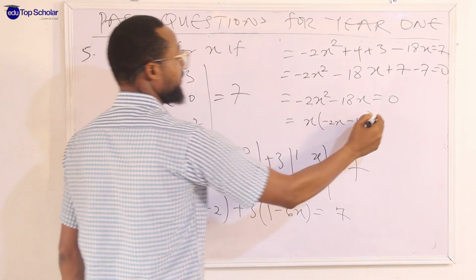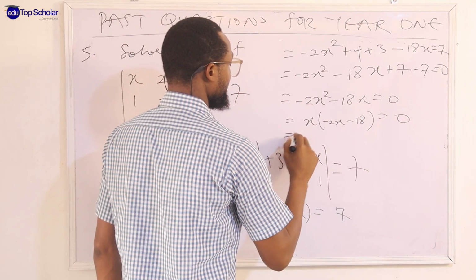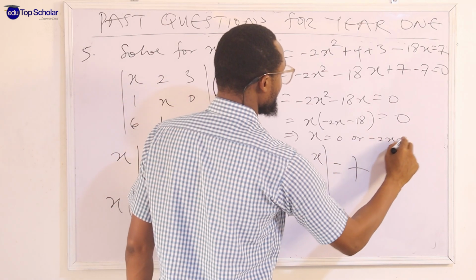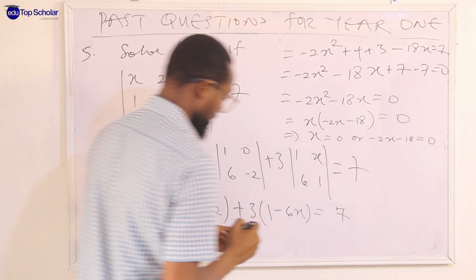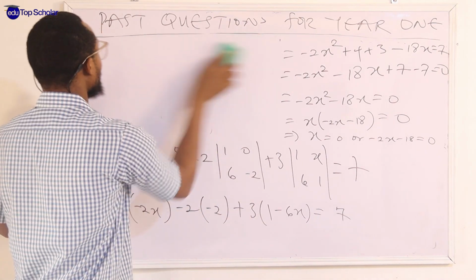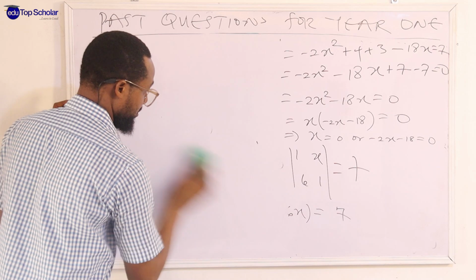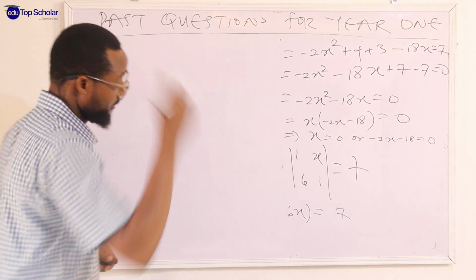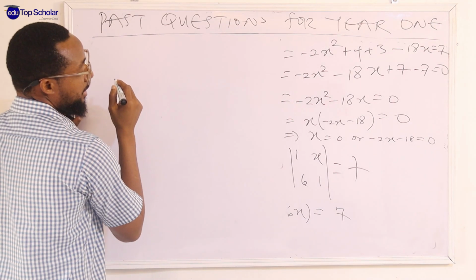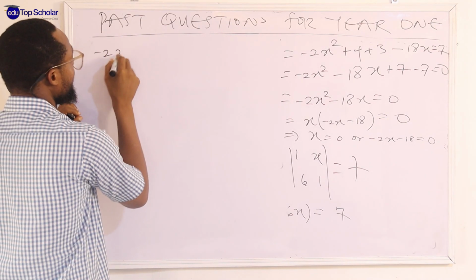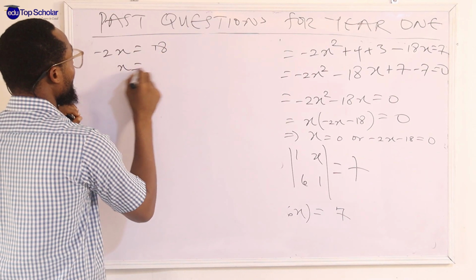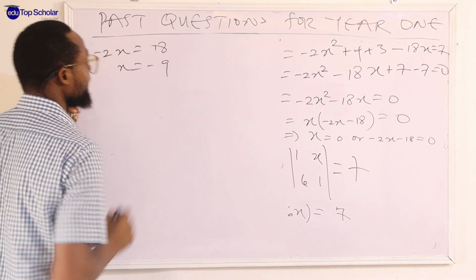So that when we open this, we have this equals 0, and this implies that x equals 0, or minus 2x minus 18 equals 0, and therefore that will give us minus 2x equals 18, and x equals minus 9.